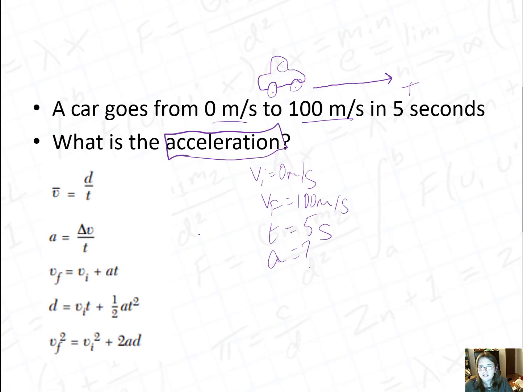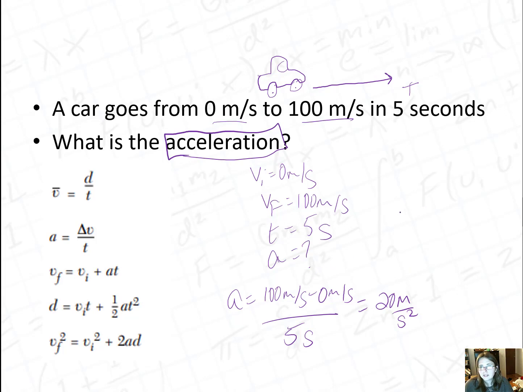So if we plug things in, it's A equals the final velocity, 100 meters per second, minus 0 meters per second, divided by 5 seconds. Well, 100 divided by 5 is 20, and the units for acceleration are meters per second squared, so we could go about it like this.